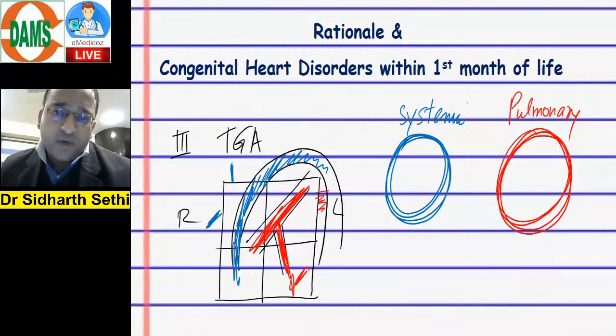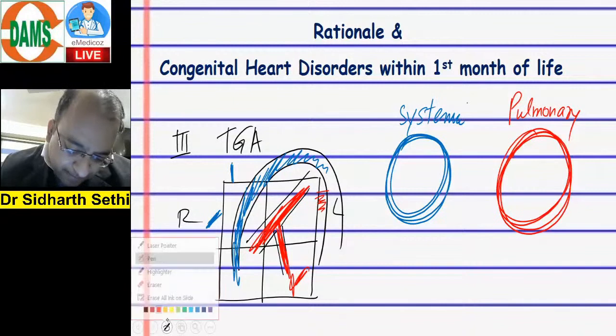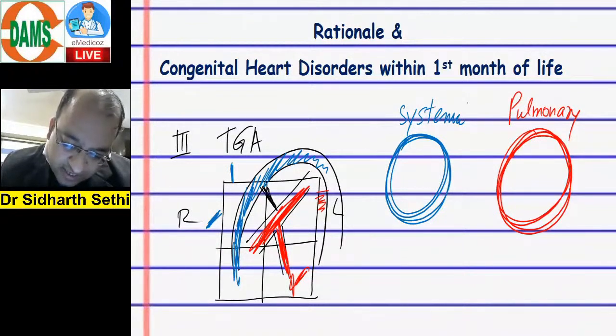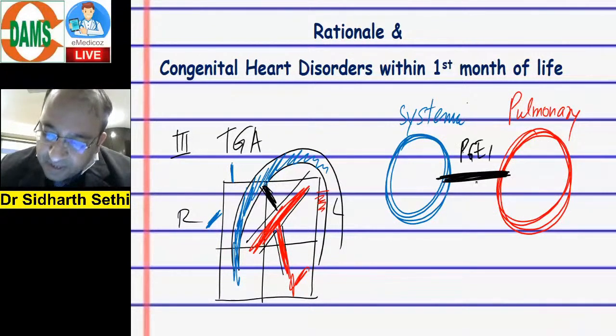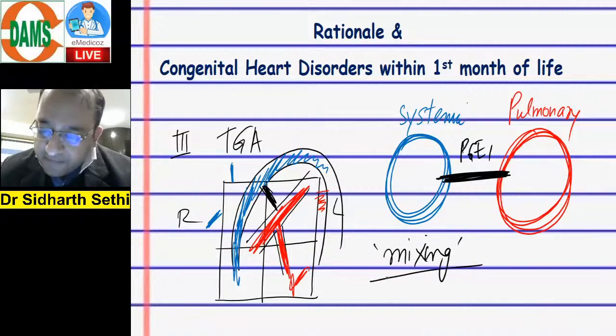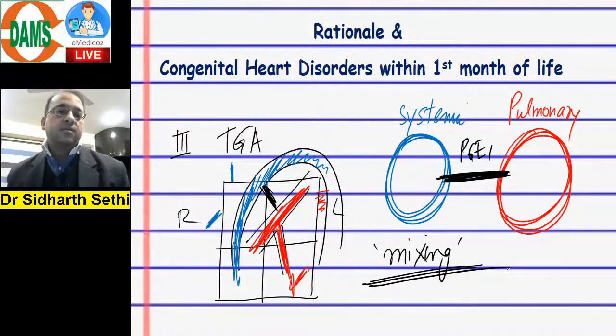In my hospital where I work, we see TGA every day. One TGA comes to my hospital every day. He needs mixing. If I open his ductus arteriosus, it gives him mixing. So prostaglandins give him mixing.